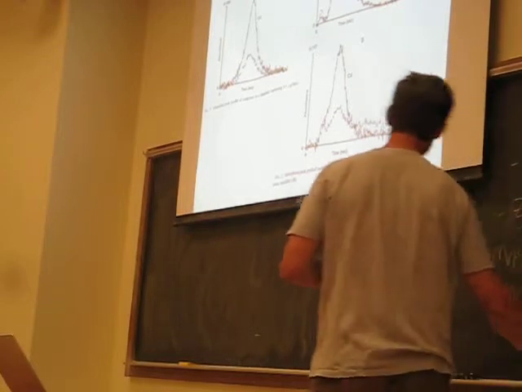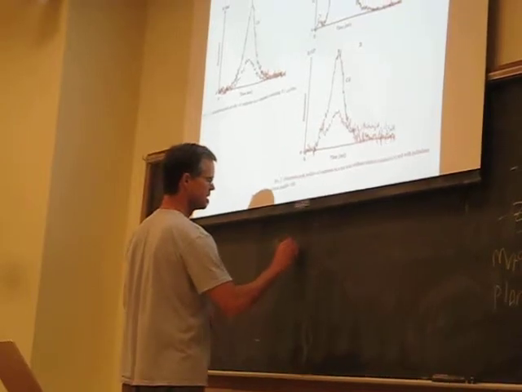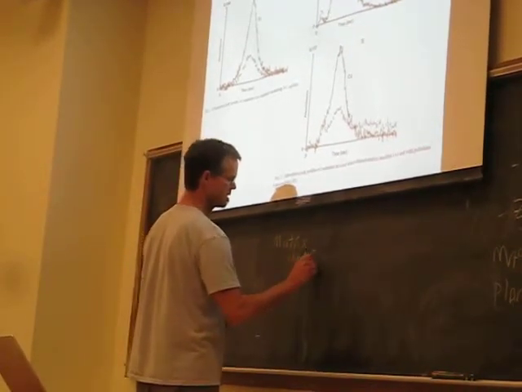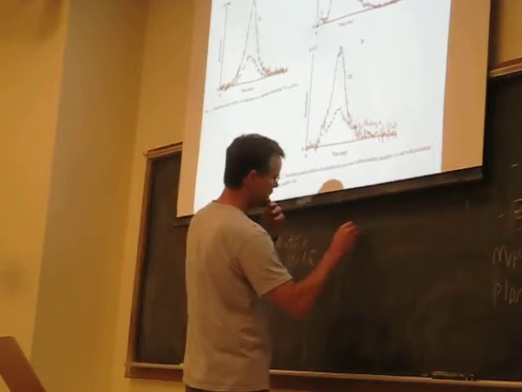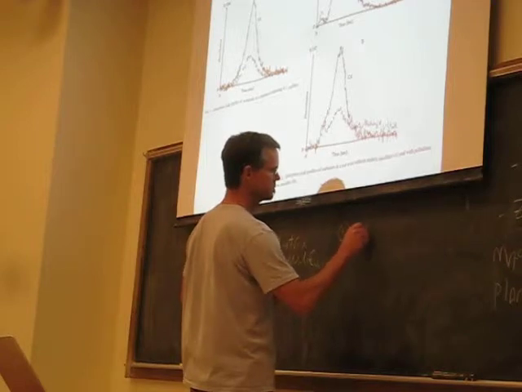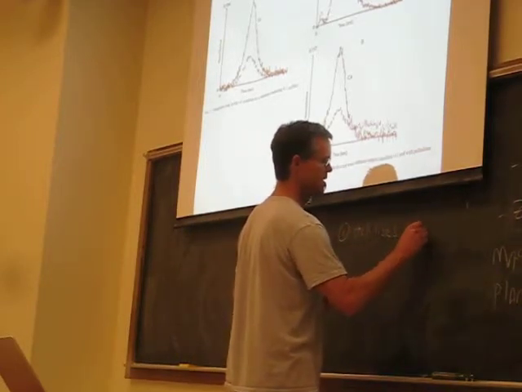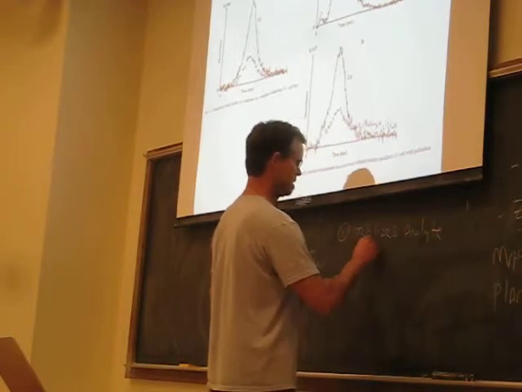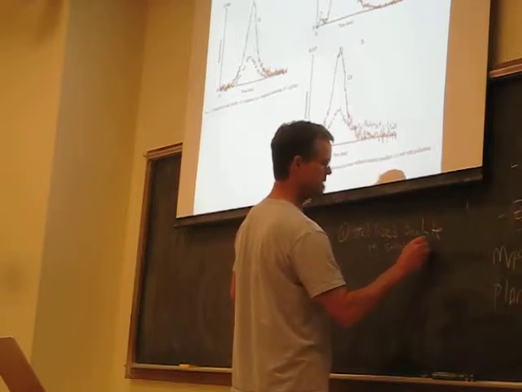So if I were to say, for a matrix modifier, the purpose is that it achieves two things. One is it stabilizes the analyte in a single species.